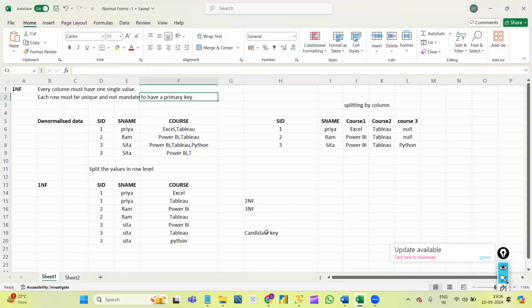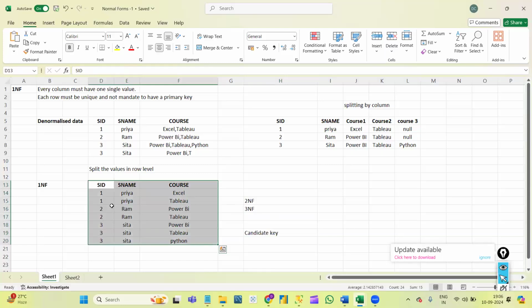Whereas a candidate key means, if we are defining two columns as a primary key in any table, that term we will call a candidate key. That means in this data, observe, SID cannot be my primary key because I have duplicate values.